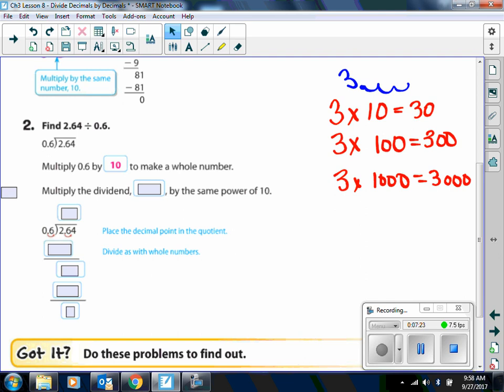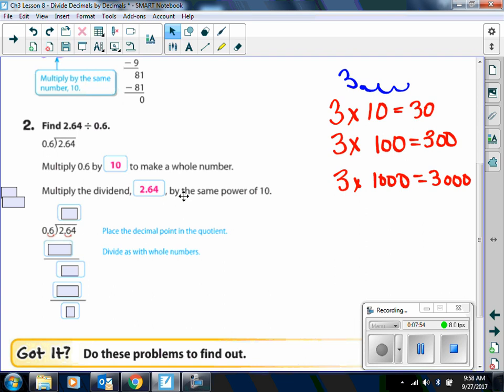Does that make sense? If I were moving it twice, I would be multiplying times 100. Make sense? So if I move the decimal once in the divisor, how many times do I have to move it in the dividend? If I move it once in the divisor, I have to move it once in the dividend. So multiply the dividend also by 10.